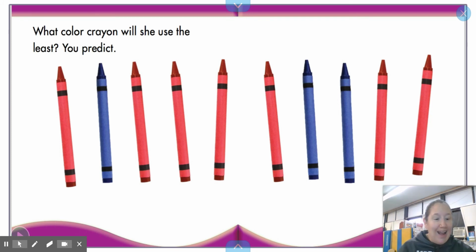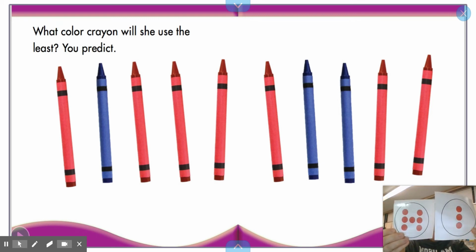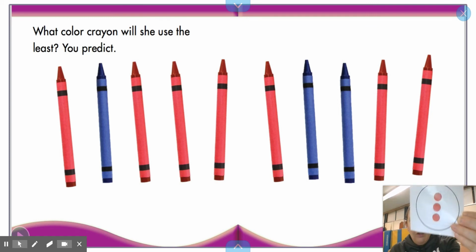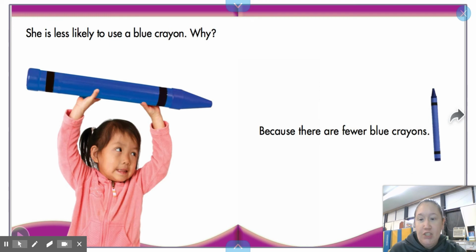So which one has less? If you picked 3, you are correct. 3 is less than 7. So she will use the blue crayon the least. She is less likely to use a blue crayon because there are fewer blue crayons to choose from.